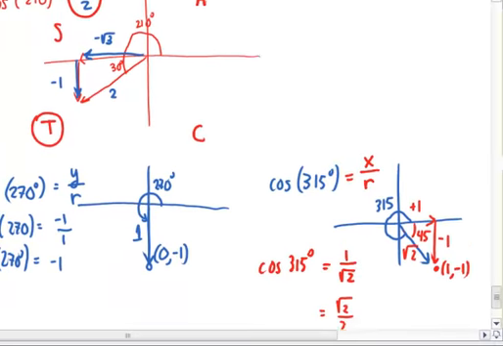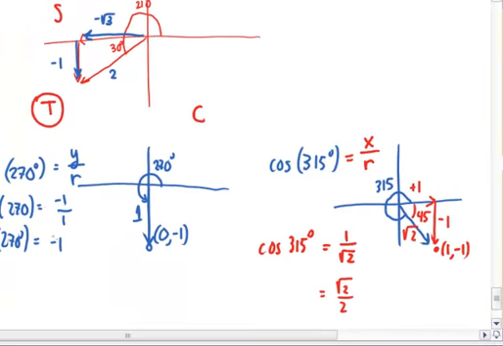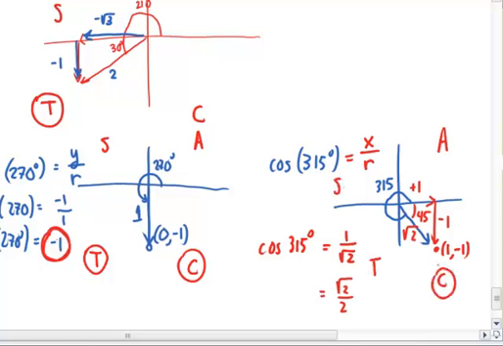For the sine ratio, notice the sine ratio was negative because down below here, it's either a T quadrant or a C quadrant. It's not an S quadrant, so the ratio has got to be negative. And in this one, the last example, the angle is in a C quadrant, so notice how our ratio was positive.